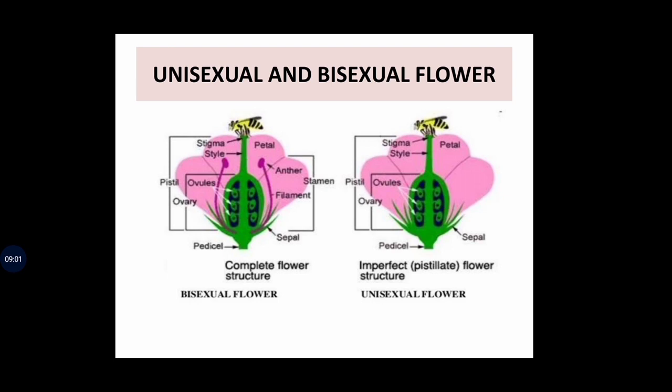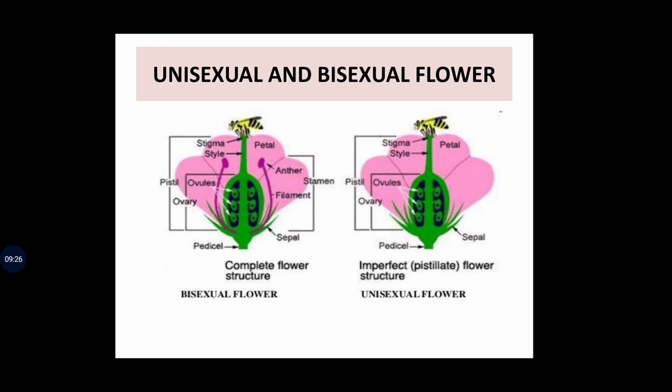Both androecium and gynoecium will not be present. If you look at these kinds of flowers, you can find only androecium or only gynoecium. So we call these unisexual flowers. These kinds of flowers are present in corn, papaya and cucumber.